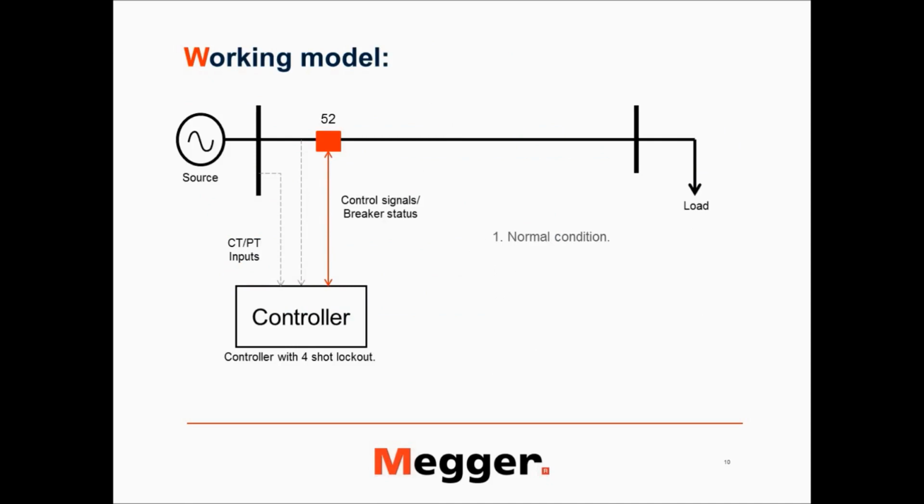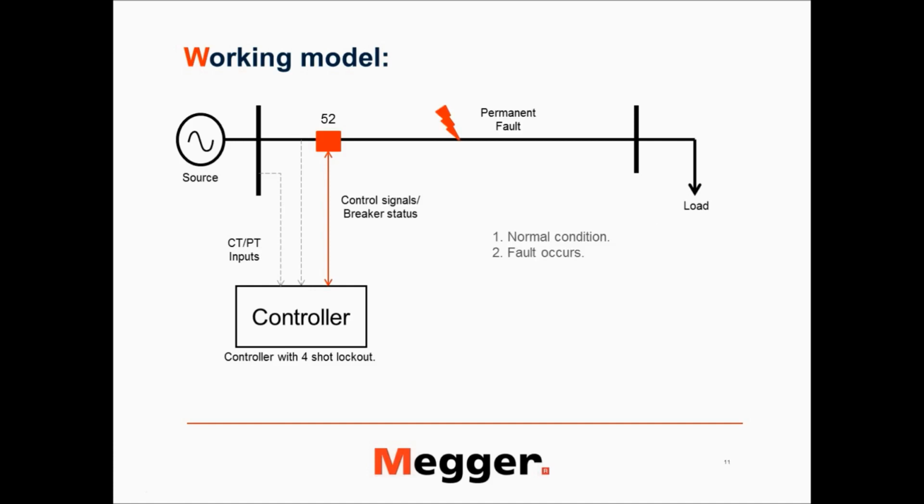In this very simplified picture I showed you, everything is under normal condition. Your circuit breaker is closed and your source is supplying your load, and then there is a fault that occurred.